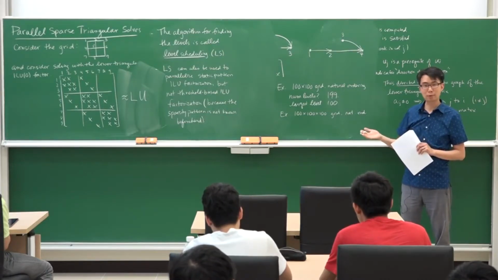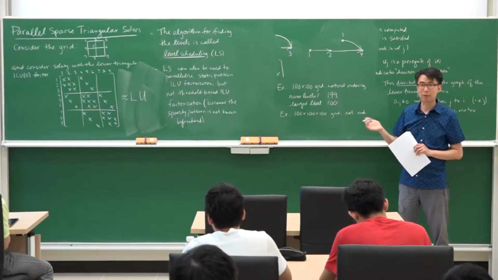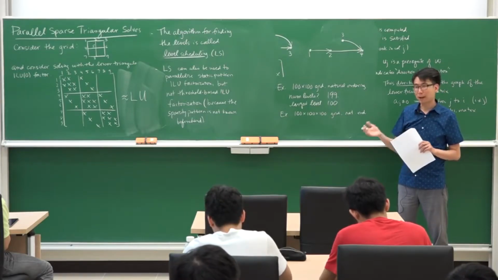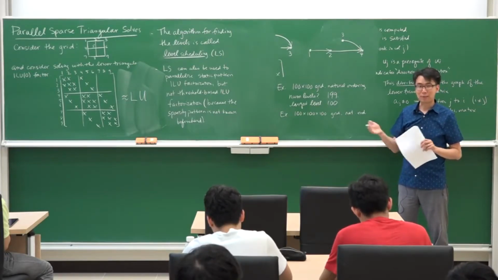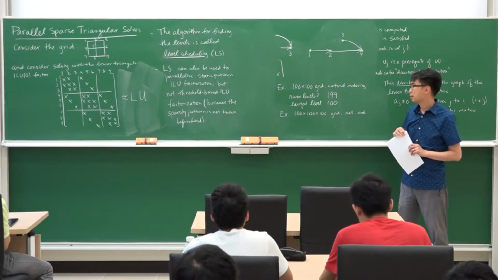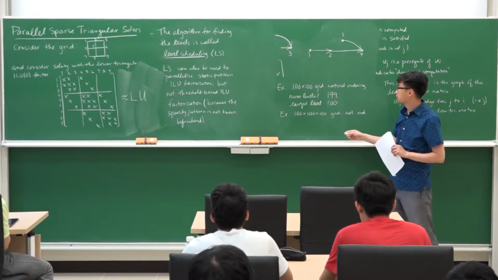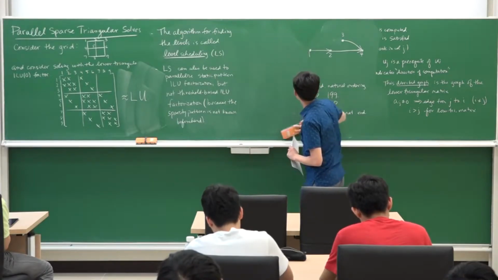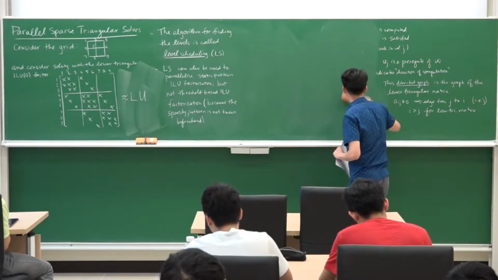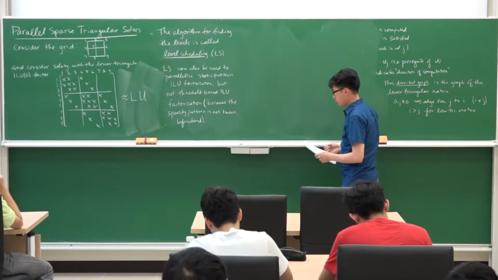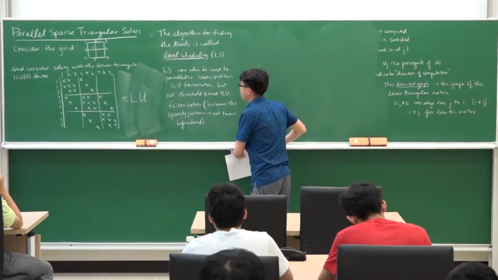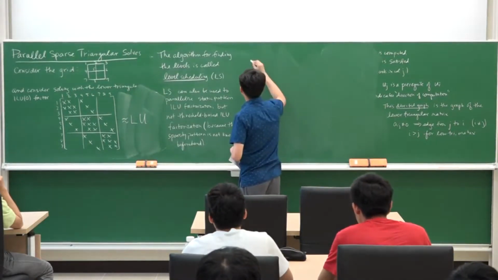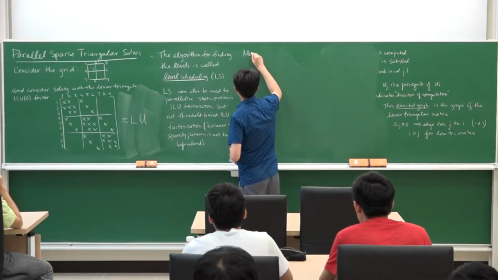Okay? Once we have the triangular factors, we cannot reorder, right? Because triangular factors have to stay triangular. We cannot reorder. But we can try to reorder the original problem so that it has more parallelism. So the idea we're going to be using is called multicoloring.